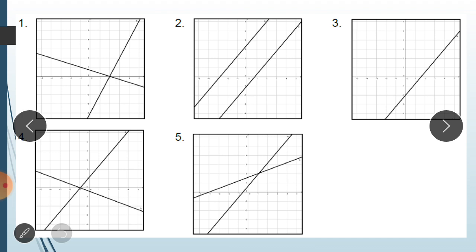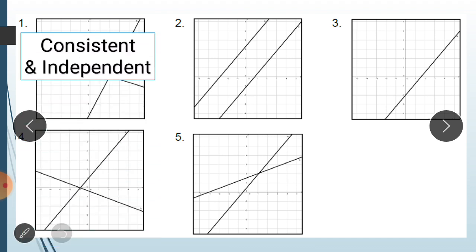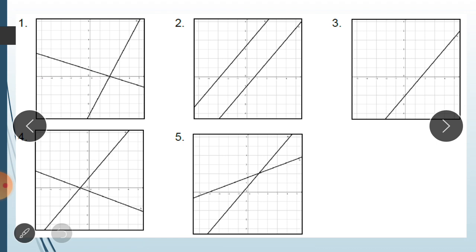Please answer this on your paper. You can pause this, then answer it. It can take 5 minutes of your time.